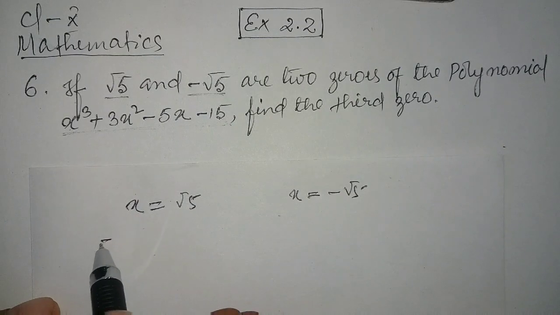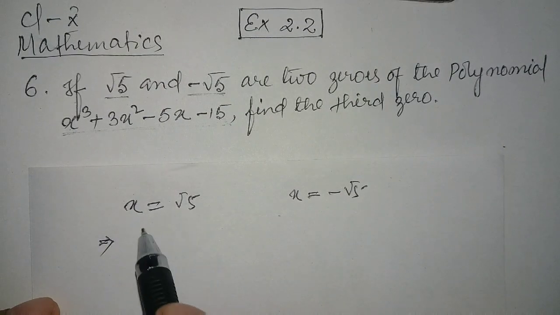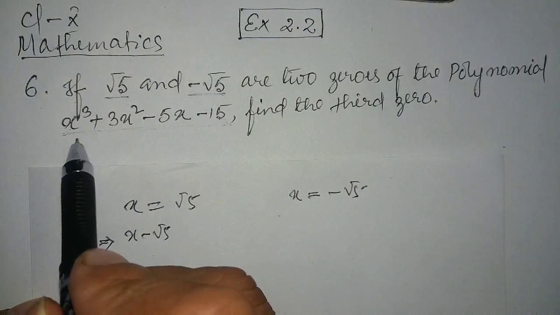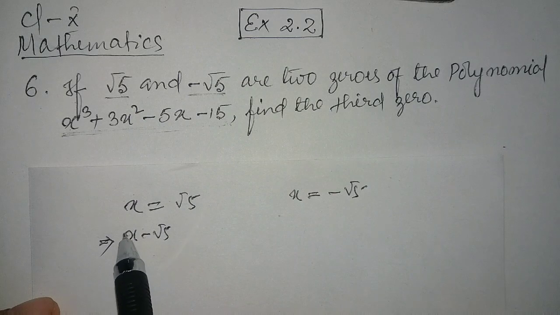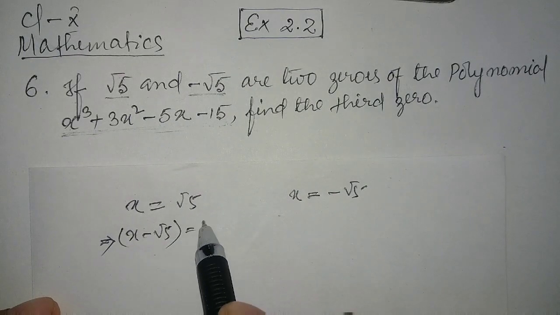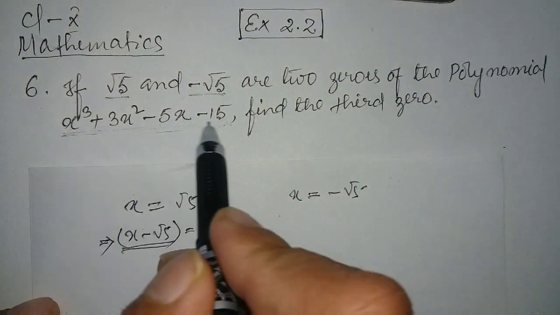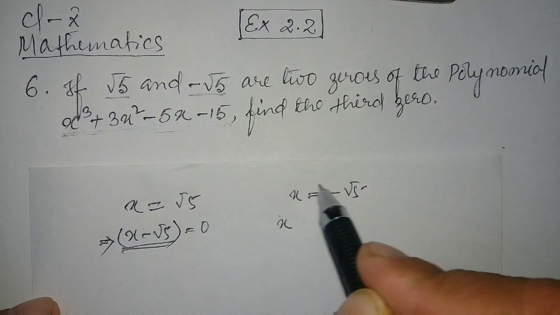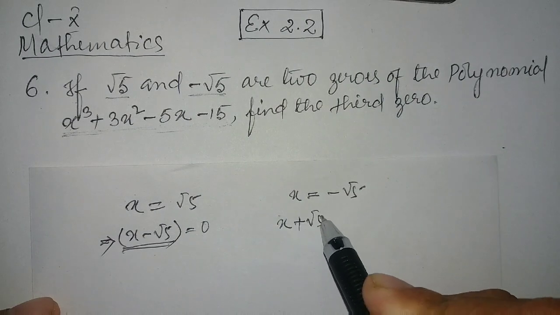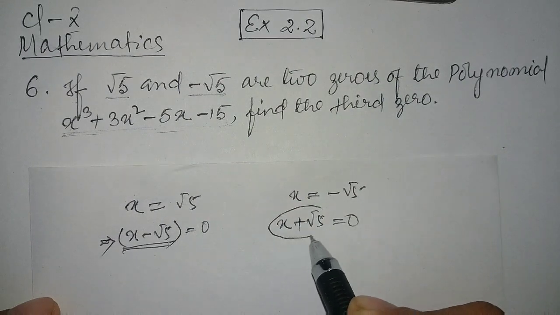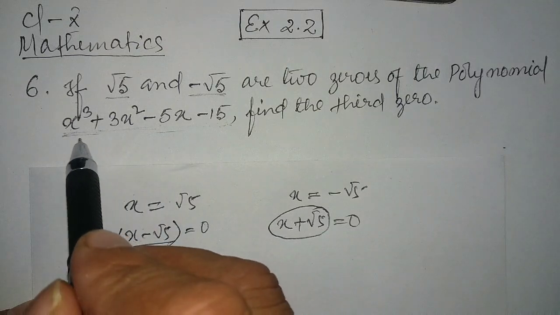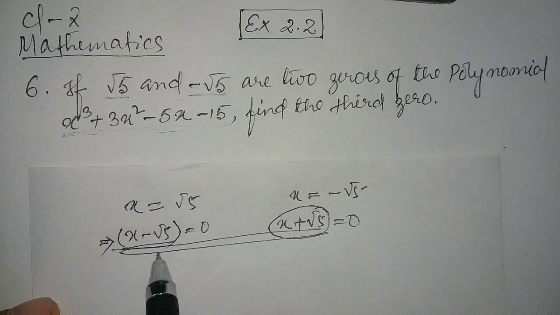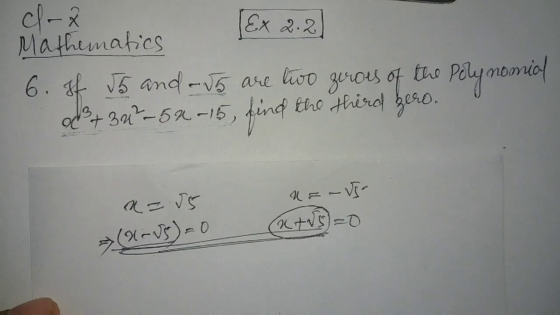Which follows that x minus root 5 will exactly divide this, which means x minus root 5 will be a factor of this polynomial. Also, in this case x plus root 5 will again be a factor of this polynomial. So keeping this in mind, we're going to solve the question.